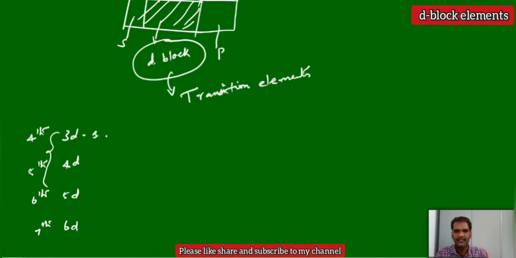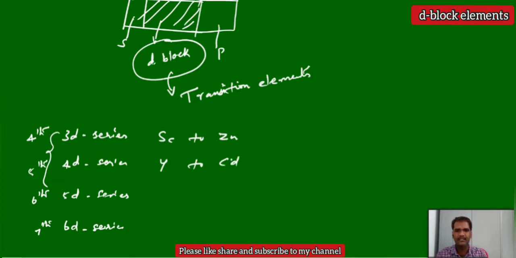In the 3d series, the elements start from scandium and end with zinc. In the case of the 4d series, it starts from yttrium to cadmium.